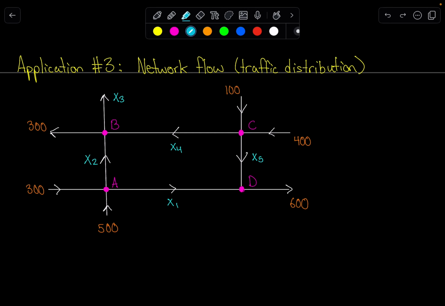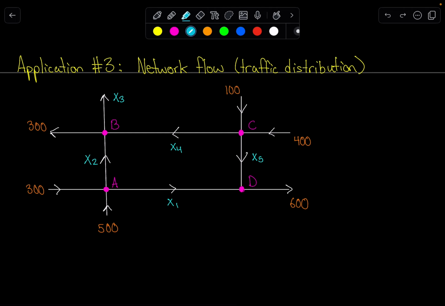This is really useful because if I'm trying to figure out what corner to put my gas station at, it's a good idea to know that maybe there's 150 cars going this way, and maybe 78 cars going this way.